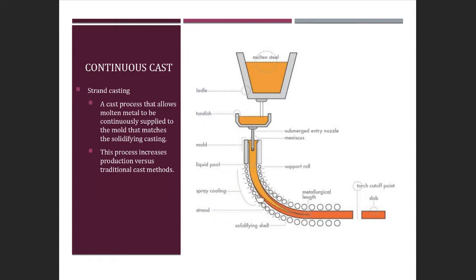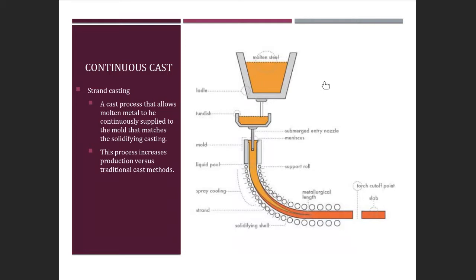So as it moves further and further down, by the time it gets to this region where they call it metallurgical length, the last portion of the molten metal solidifies in the very center, and then it's still hot, and then it gets cut by a torch. Therefore, now you have a continuous slab.